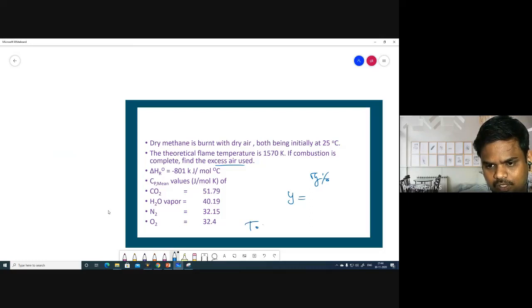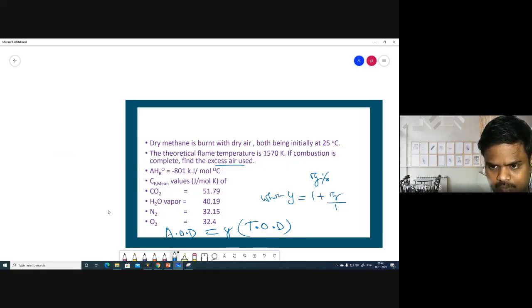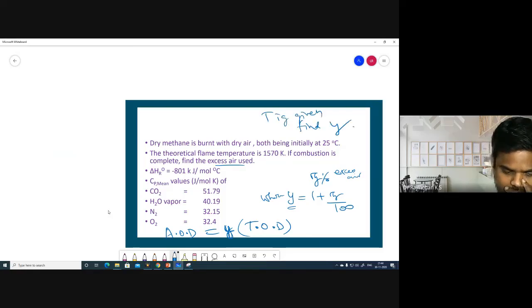If you know the theoretical oxygen demand, actual oxygen demand is equal to y times TOD, where y is equal to 1 plus z by 100, where z is the percentage excess air. Okay, so this y value we don't know right now. We are going to find y, where T is given. Find y. That is the problem here.